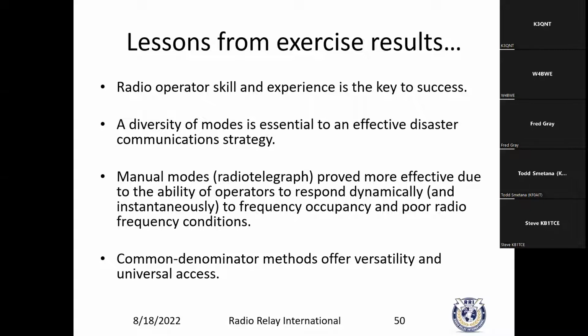You cannot take an ARES volunteer and hand them an ICS 213 message or a radiogram, and expect them to accurately transmit or receive communications traffic. This is not going to happen unless they have some experience handling traffic.